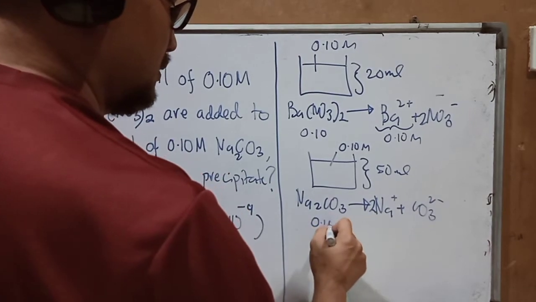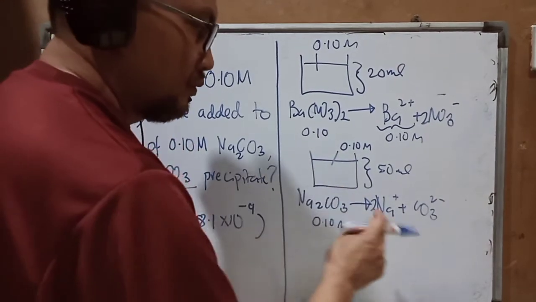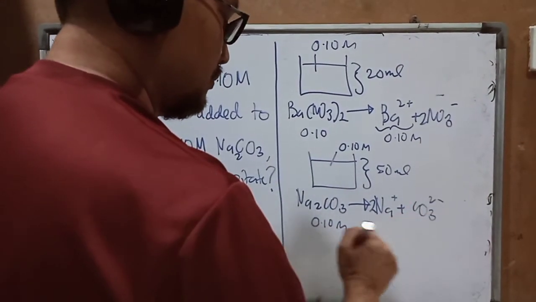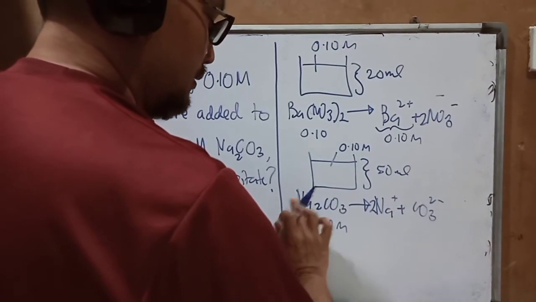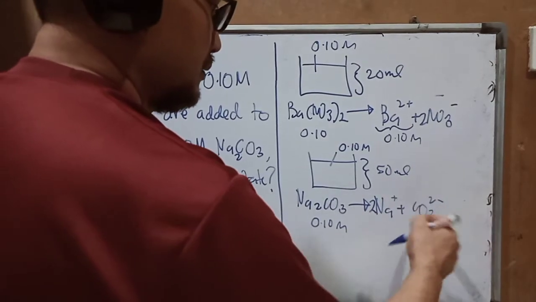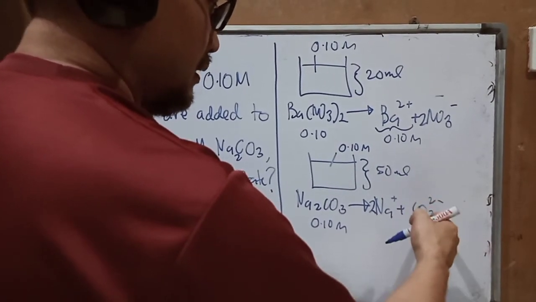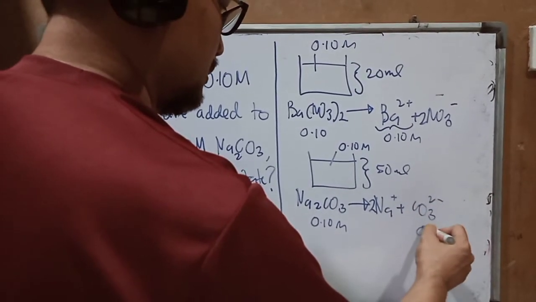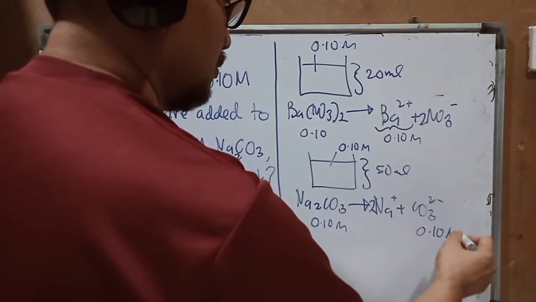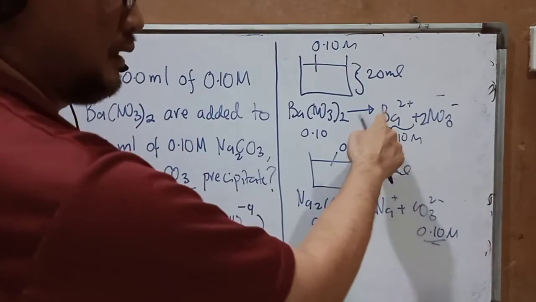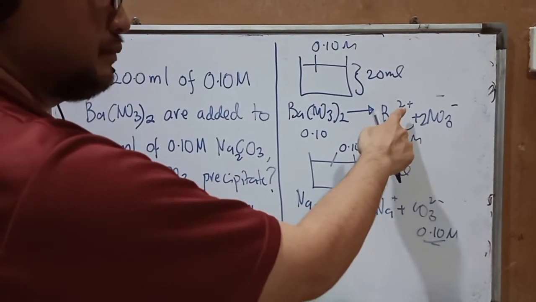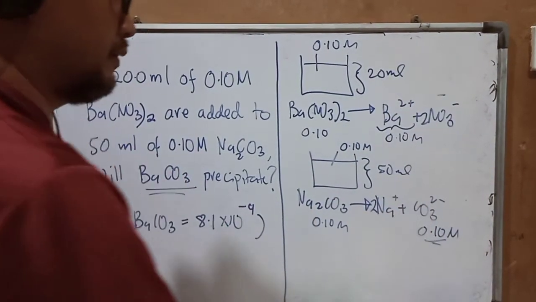The concentration is 0.1 molar, and we want to know the concentration of CO3 2-, because this is 100% dissociation and the stoichiometric coefficient is 1 to 1. So the concentration of carbonate ion is also 0.1 molar.